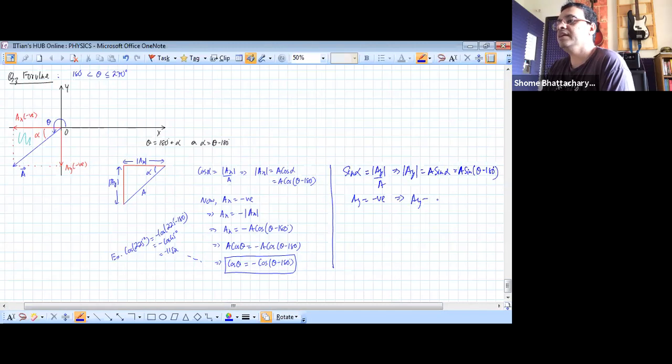So Ey will be negative of its mod. So Ey will become negative of E sine (theta minus 180), or E sine theta will be negative of E sine (theta minus 180). So sine theta will be negative of sine (theta minus 180).